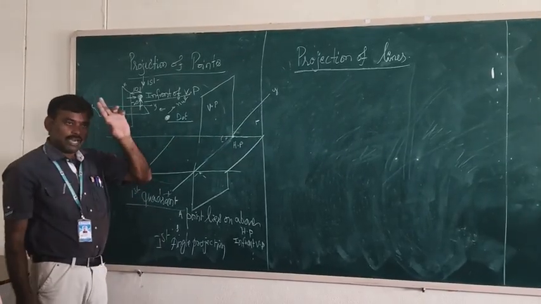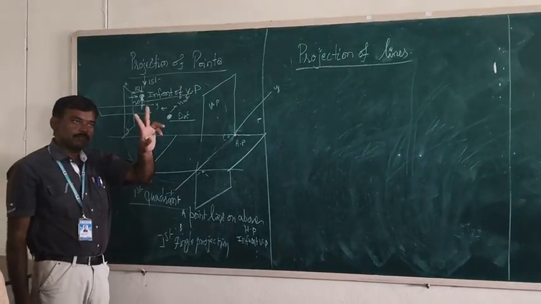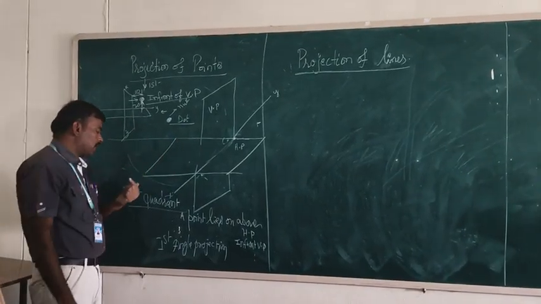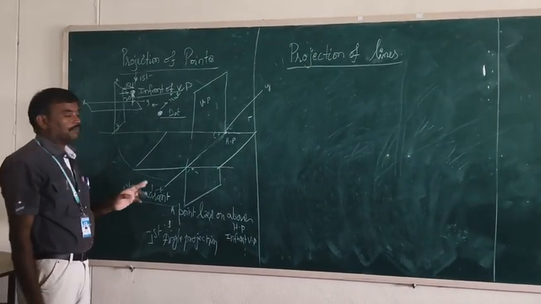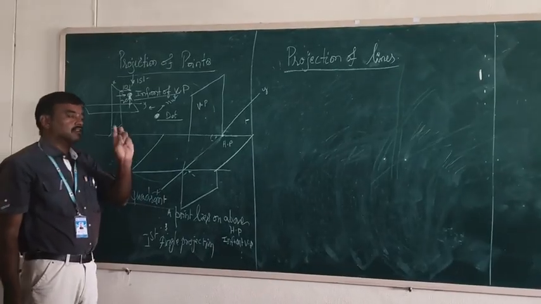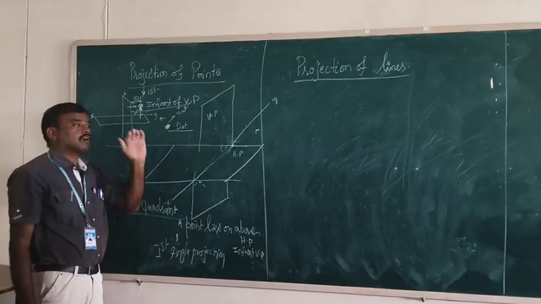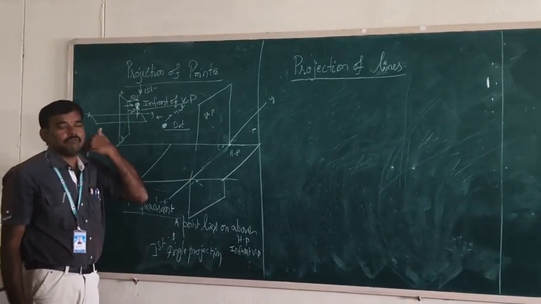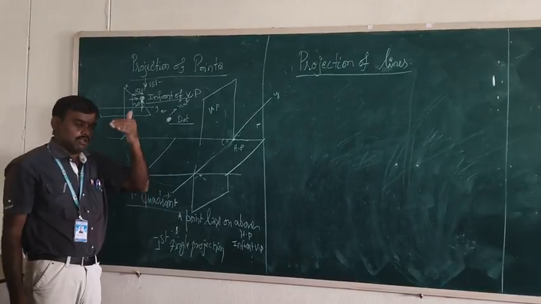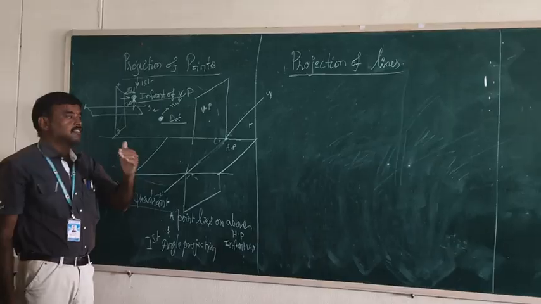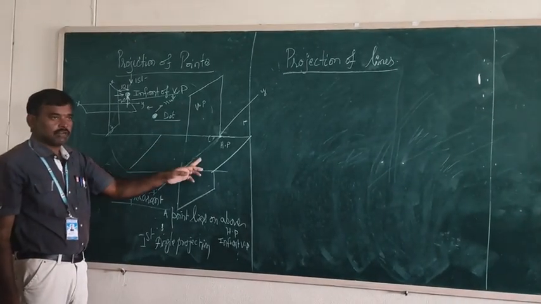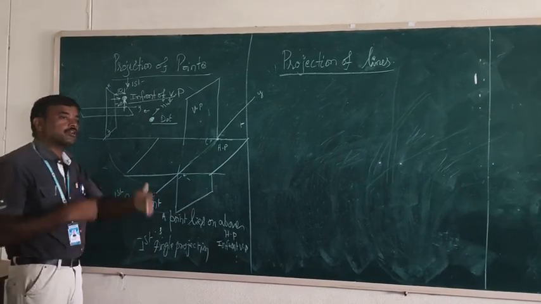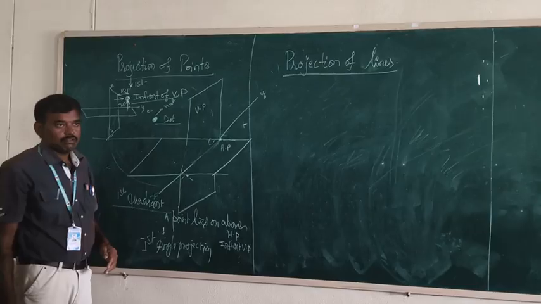So now we have two planes. What are they? Horizontal plane and vertical plane, along with one reference line. These three are common for the remaining syllabus, not just units. Whatever you have in your engineering drawing, this reference line, vertical plane and horizontal plane are going to be present.